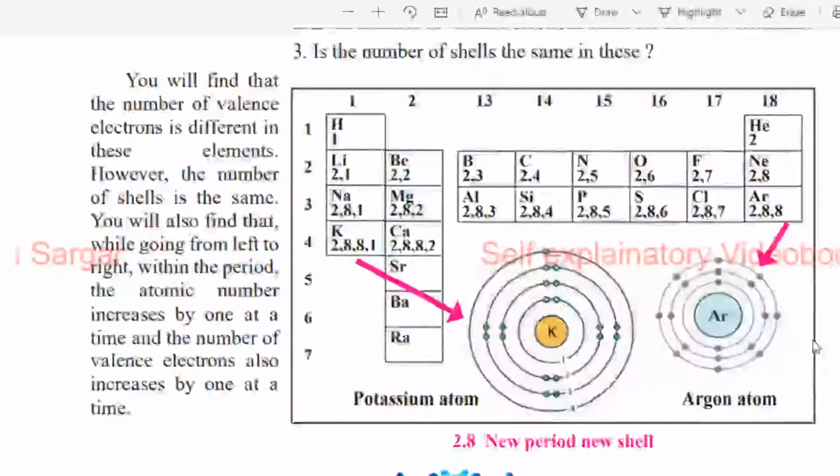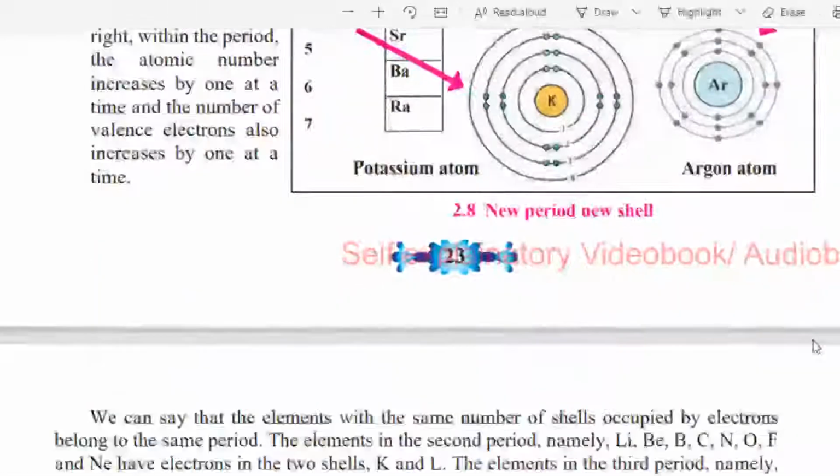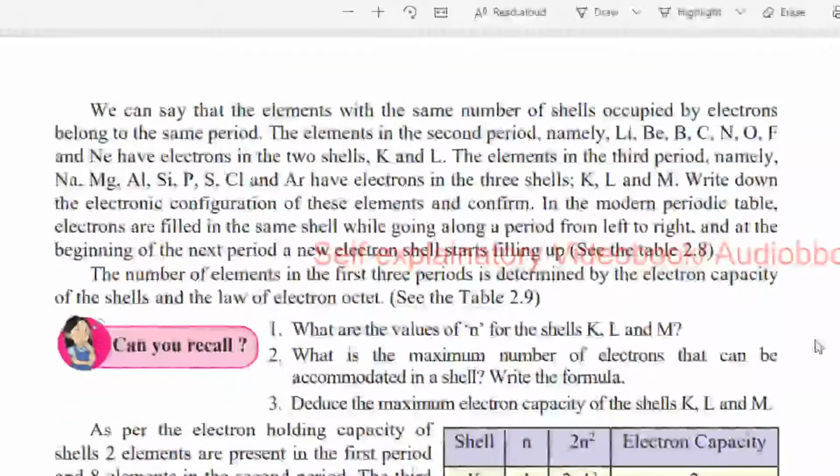See the picture of new period, new shell for the potassium atom and argon atom. We can say that the elements with the same number of shells occupied by electrons belong to the same period.